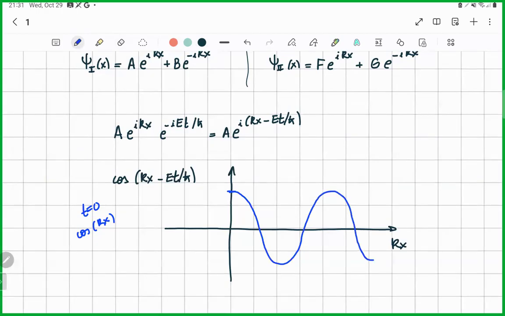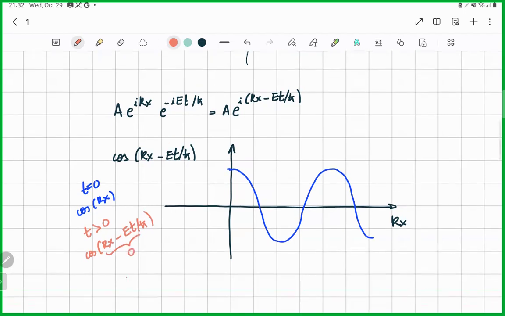Okay, now let me make this same plot for a time a little above 0. So a different time that is not 0 anymore. Now I'm going to deal with the whole cosine, including that piece that involves time. So where is our cosine now going to be 1? Where this whole thing is 0. So it's going to be 1 when kx is now a little shifted.